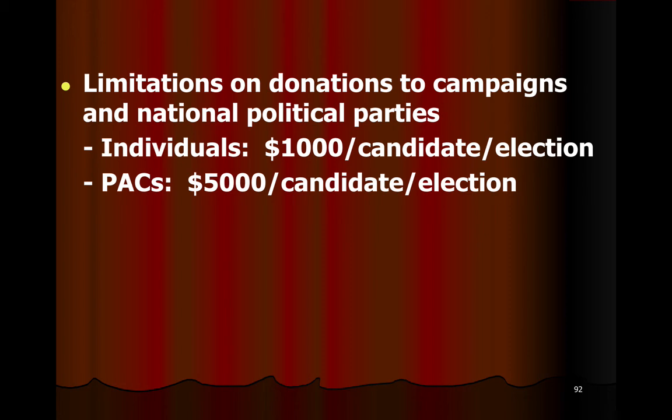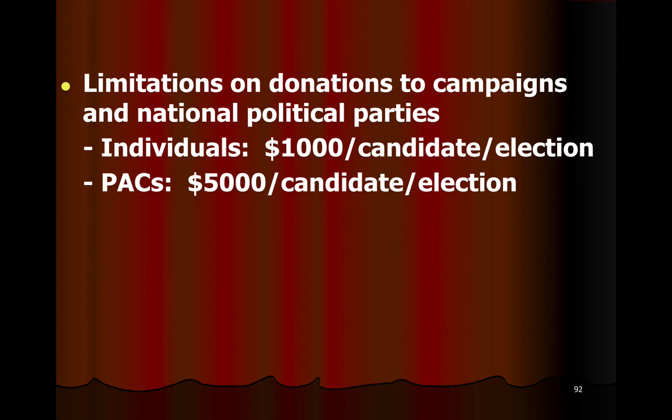It also limited political action committees. These are basically interest groups. The Political Action Committee is the portion of an interest group that can fundraise money and donate them to candidates. PACs could donate $5,000 to each candidate per election.